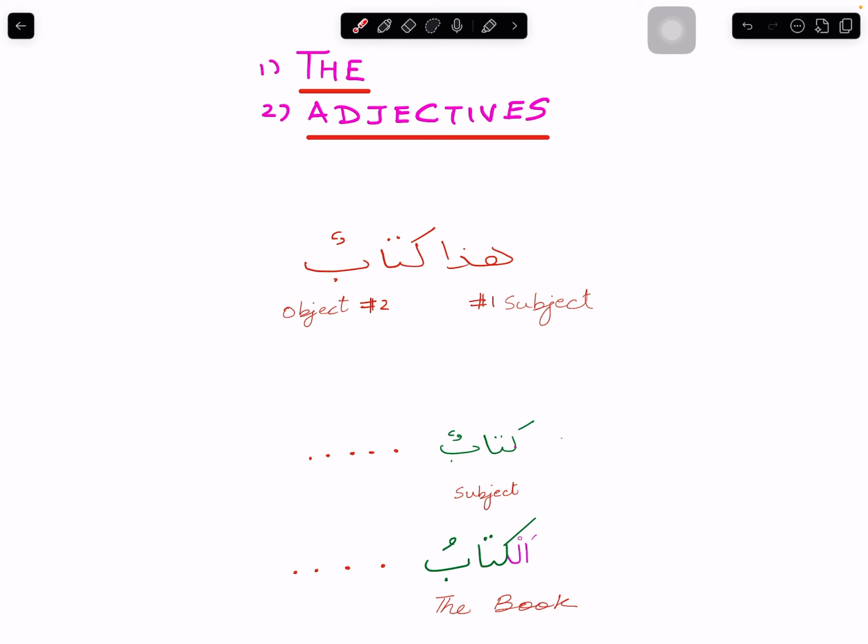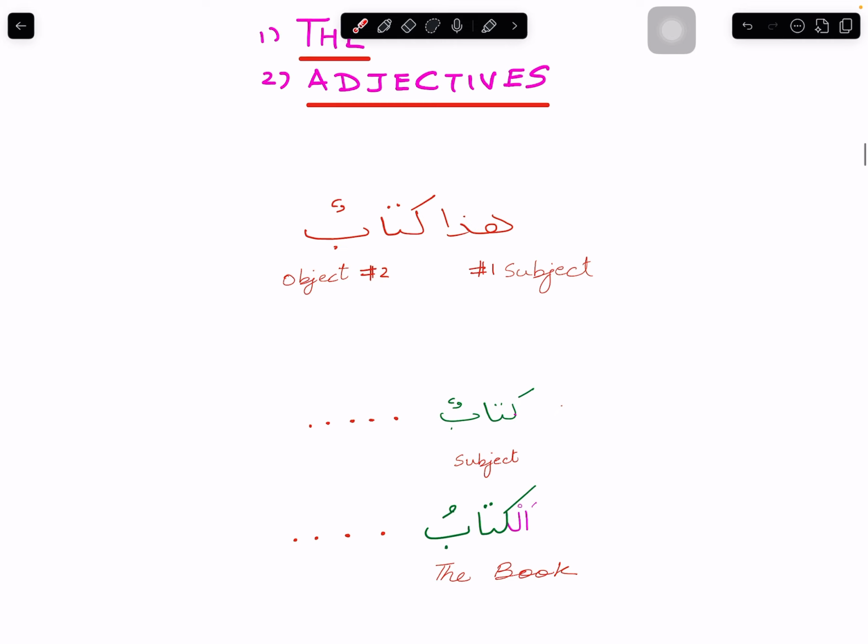The book, and I can point to that. The book on the table is beautiful. So when we say "the", it brings a specific meaning to something. It indicates a particular one, not anything, right? So in this case, that particular book, the book is beautiful.